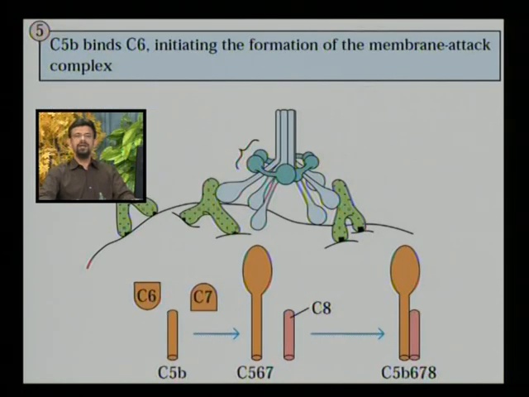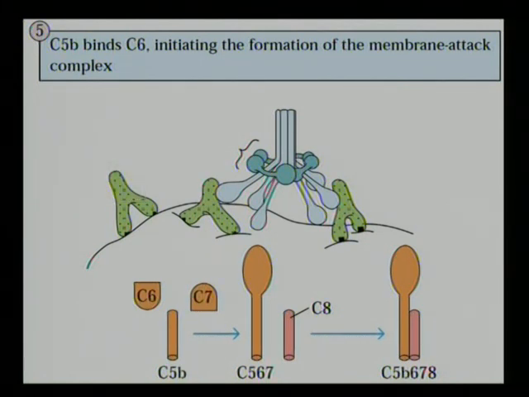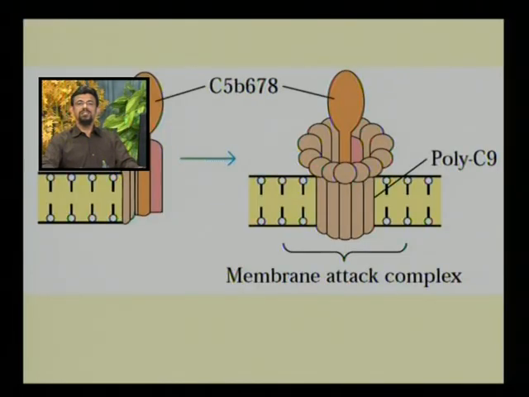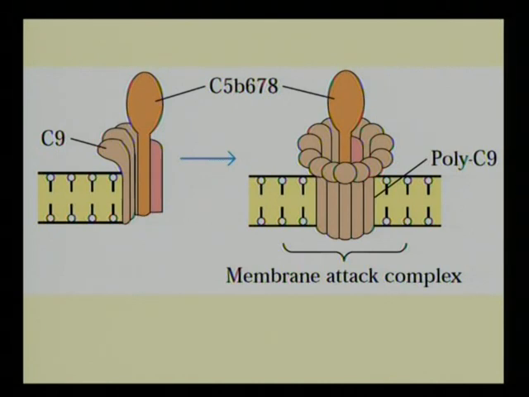Now C5b binds with C6. There is no more cleavage taking place here. C5b simply binds with C6, and this initiates the formation of the membrane attack complex. That is, C5b will bind with C6, C7, C8, and this C8 will then bind with C9. So this poly C9 along with C5b, 6, 7, 8 is the membrane attack complex.